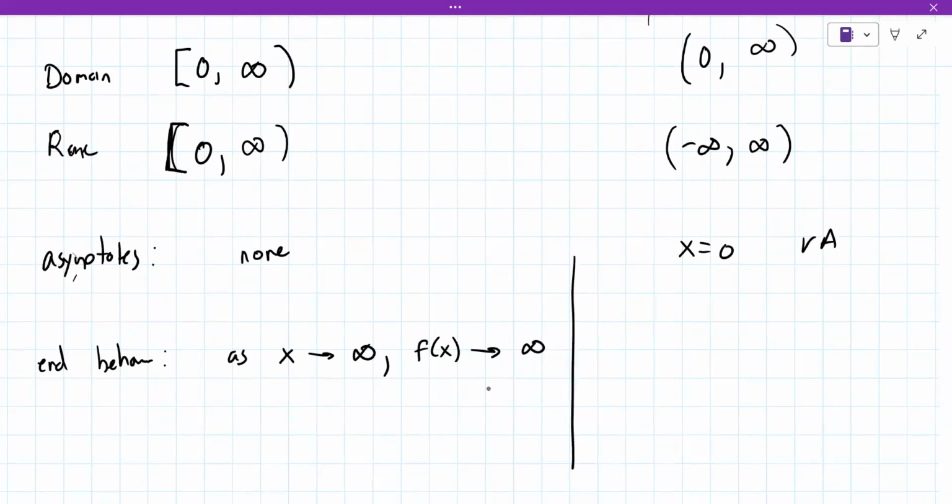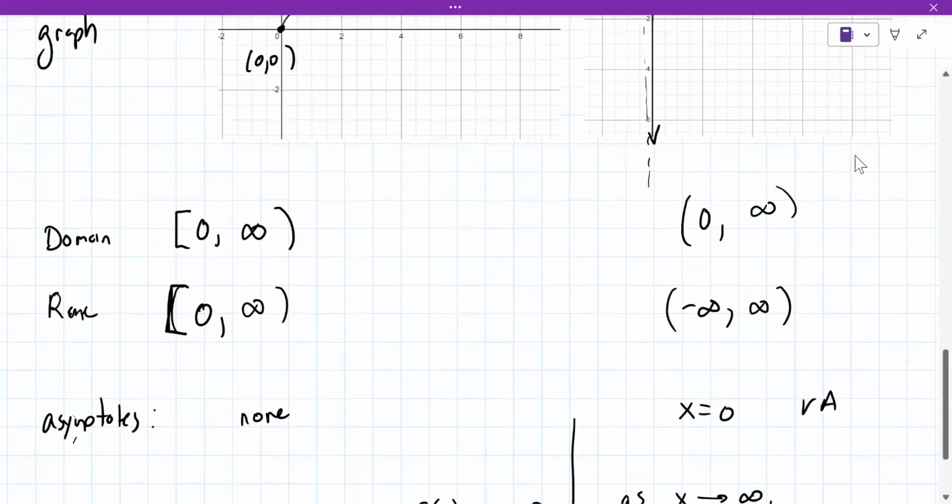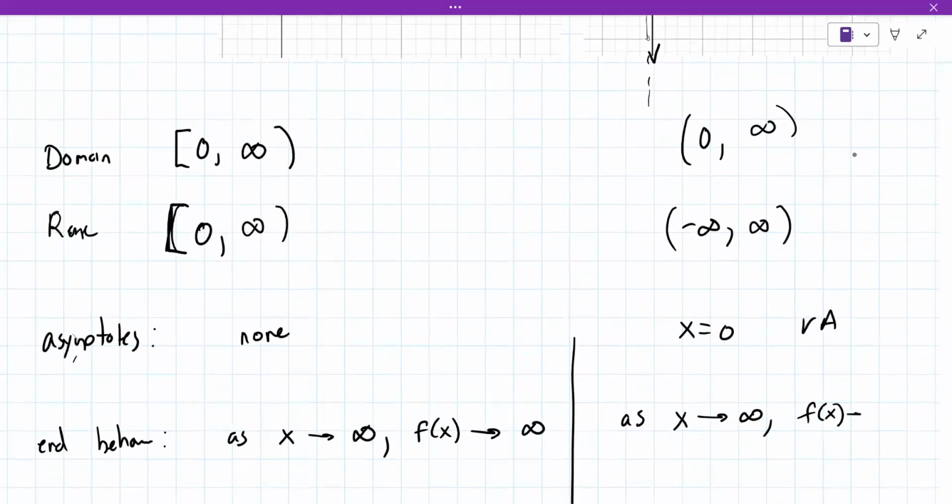But for the logarithm, we can do the same thing as x goes to infinity, as x goes to the right. So we're going to look at this graph over here. As you traverse the curve to the right, how far up does this go? I know it looks like it goes more horizontal, but does it go up to infinity? Yes, it does. So as x goes to infinity, f of x also goes to infinity. But this time we can go the other direction, kind of. So I guess we do have to add this in: as x goes to 0.